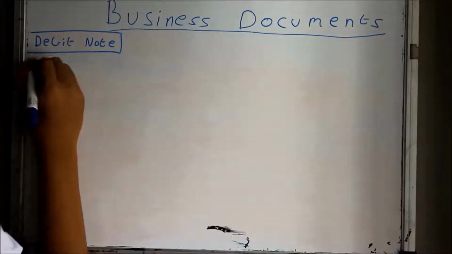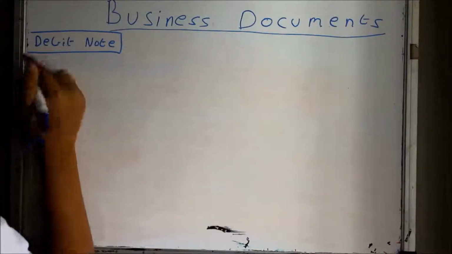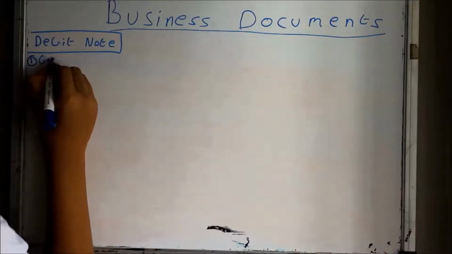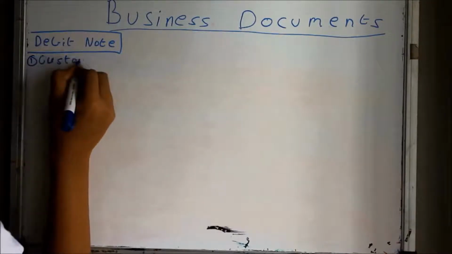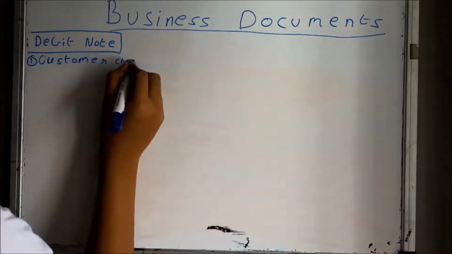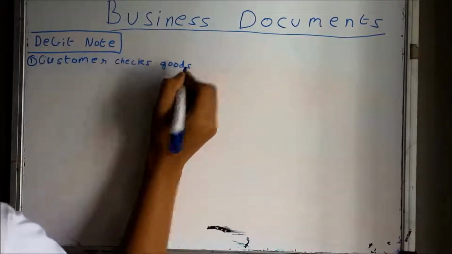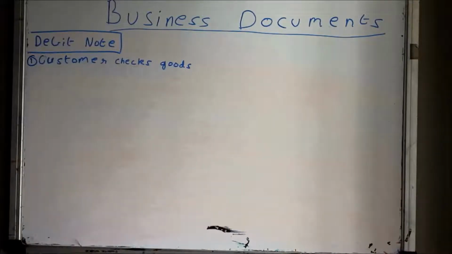First of all, the customer checks the goods. Right, in steps. Customer checks goods. Then the next thing which occurs is that if the goods are not satisfactory, then the supplier has to be informed, as I said.